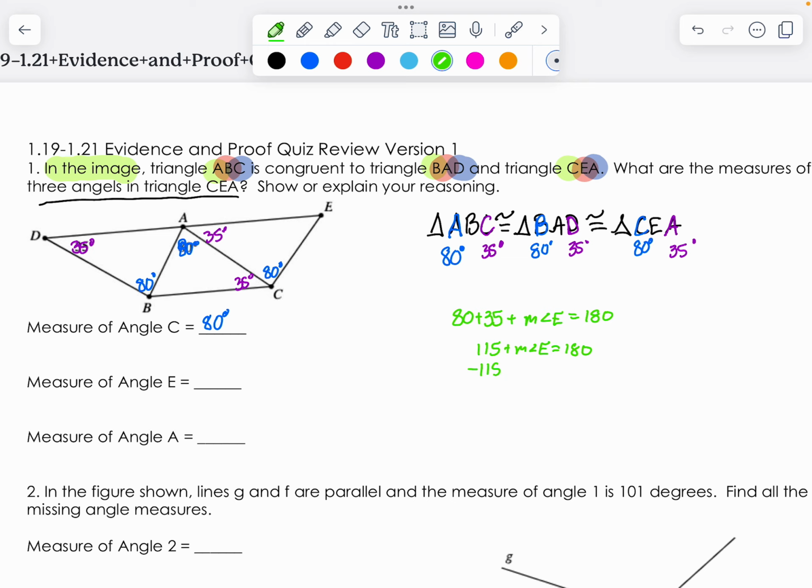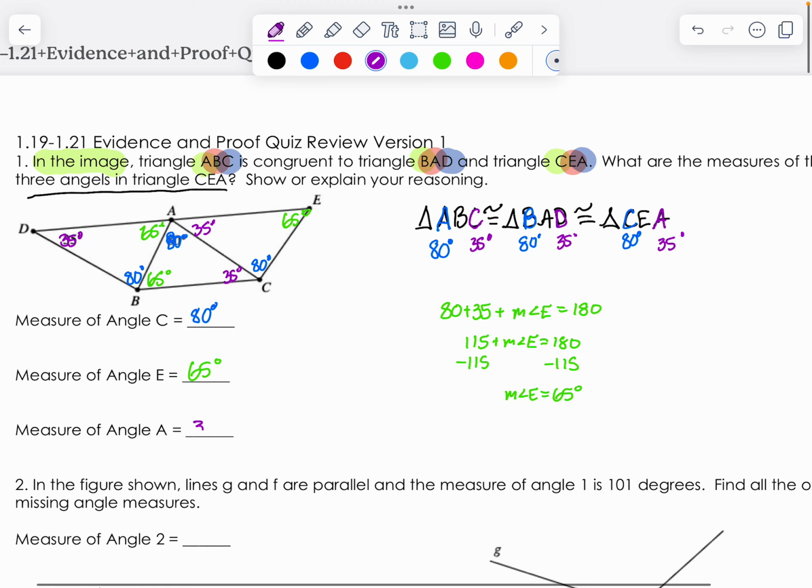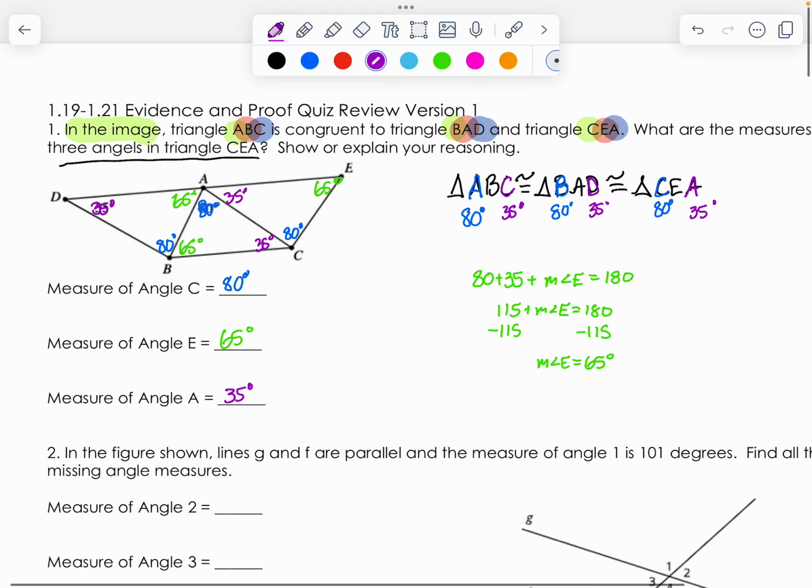Subtract 115 from both sides. The measure of angle E equals 65 degrees. All of the remaining angles would be 65 degrees as well. So hopefully you can see the rotations and translations that were occurring between the triangles.